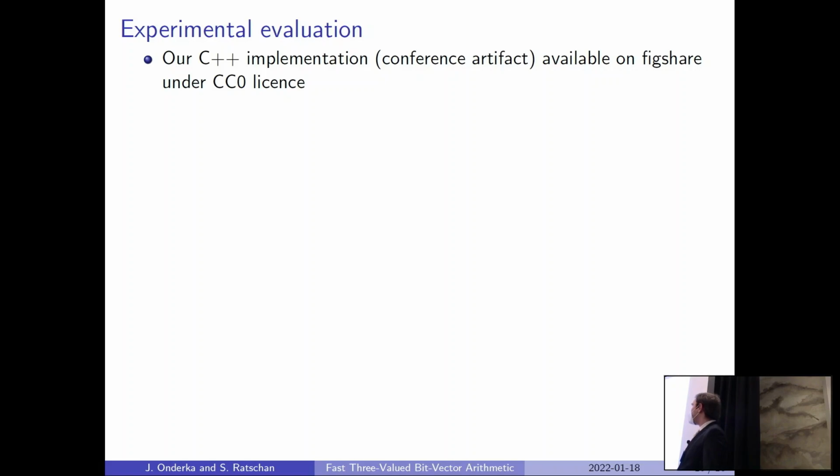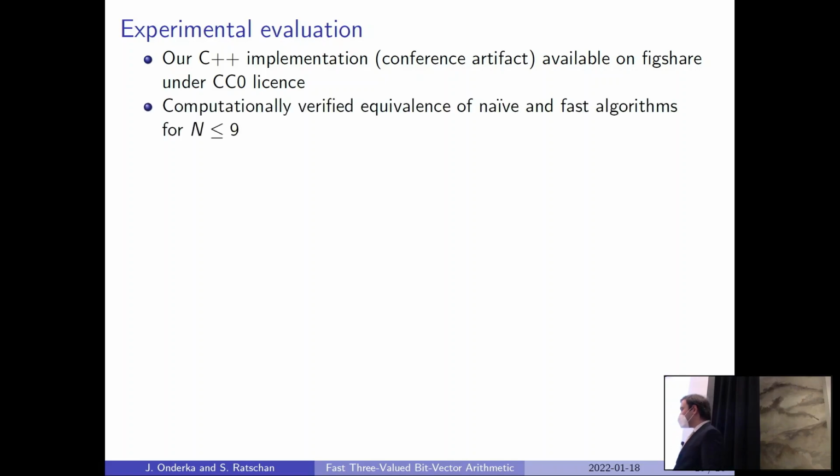So we have experimentally evaluated the implemented algorithm, and it is available on Figshare under the CC0 license. The link is available from the paper references. And we have computationally verified that the naive and fast algorithms are completely equivalent, giving equivalent results for n at most 9. After that, it's just infeasible to compute every input possibility for the naive algorithms.